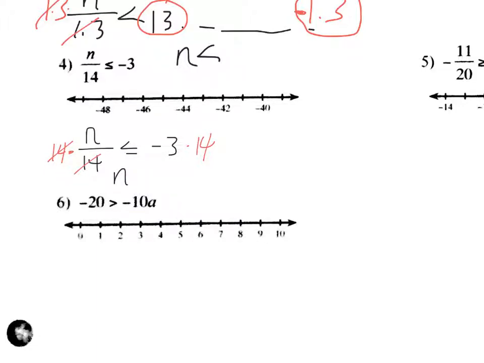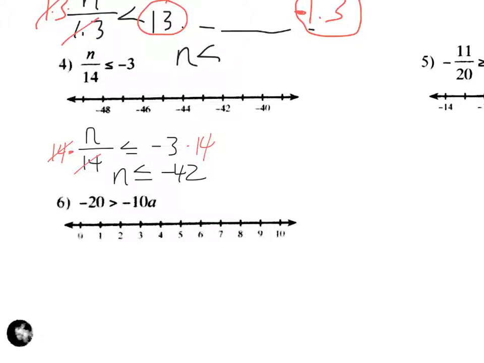Now, do I switch my inequality symbol? And the answer would be no, because I did not multiply by a negative number. This is positive 14. It doesn't matter about this one. It's what you multiply or divide by. Since that's a positive number, it keeps my inequality symbol the same direction. I multiply that out and I get negative 42.